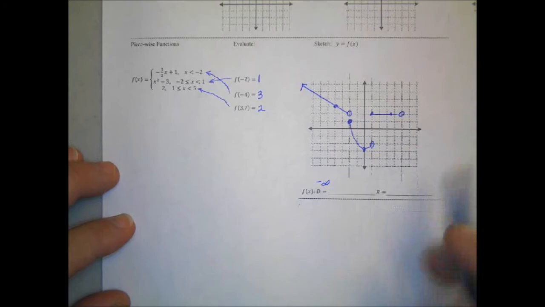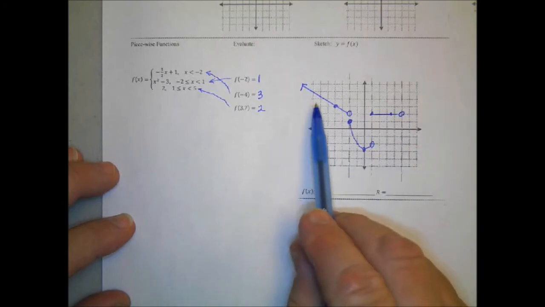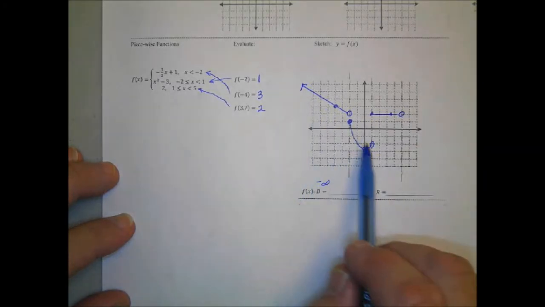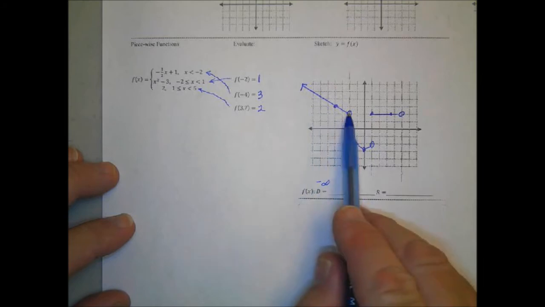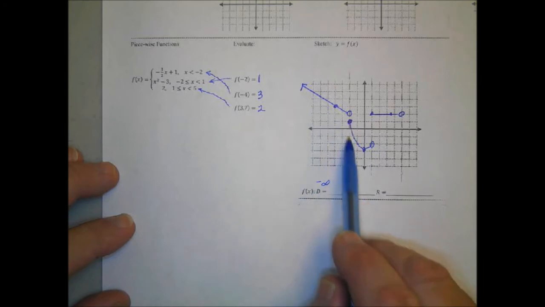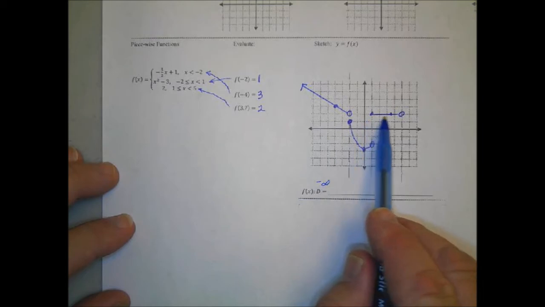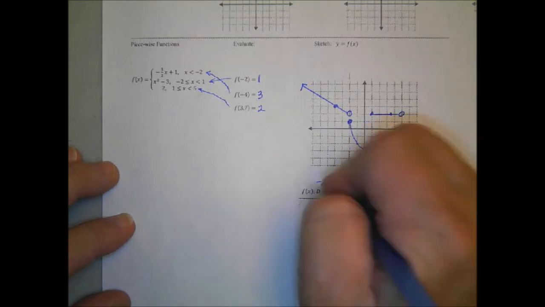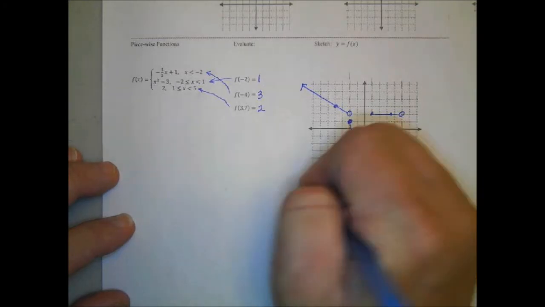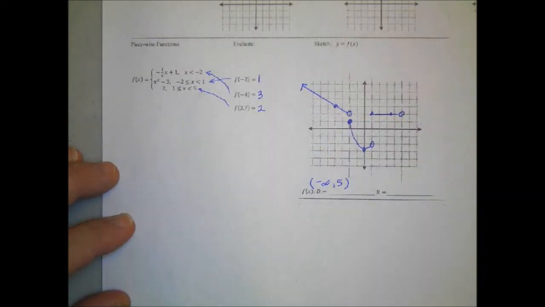Does it go continuously to the end? Yes, it does, because even though that's an open, it gets filled right there. And even though that's an open, it gets filled right there. So it goes all the way and it ends at +5. We don't use +5, so we leave it open.